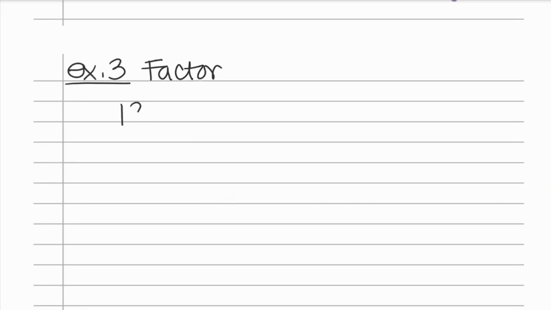All right, we'll go a little bit faster here. Example 3. 13a squared c plus 20b. So we'll go through and we'll get our GCF of each. Let's get the GCF of 13a squared c.